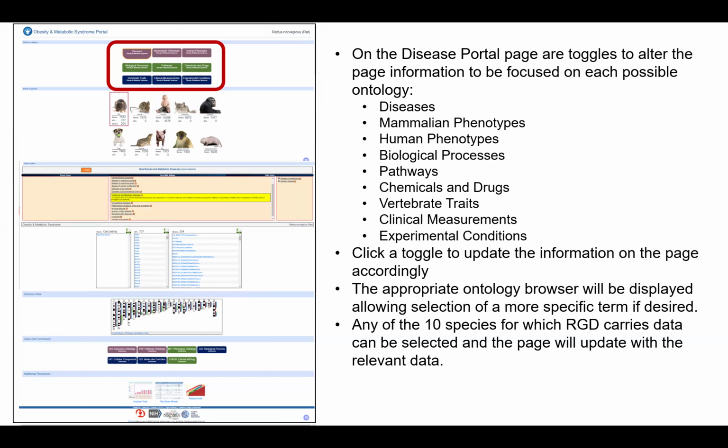And we have 10 species currently in RGD, and you can look through the information for any of the species. For most of these, the diseases are based on the curation that we've done for human and rat, because for most of them, we don't have the bandwidth to actually do the annotations for that species specifically.